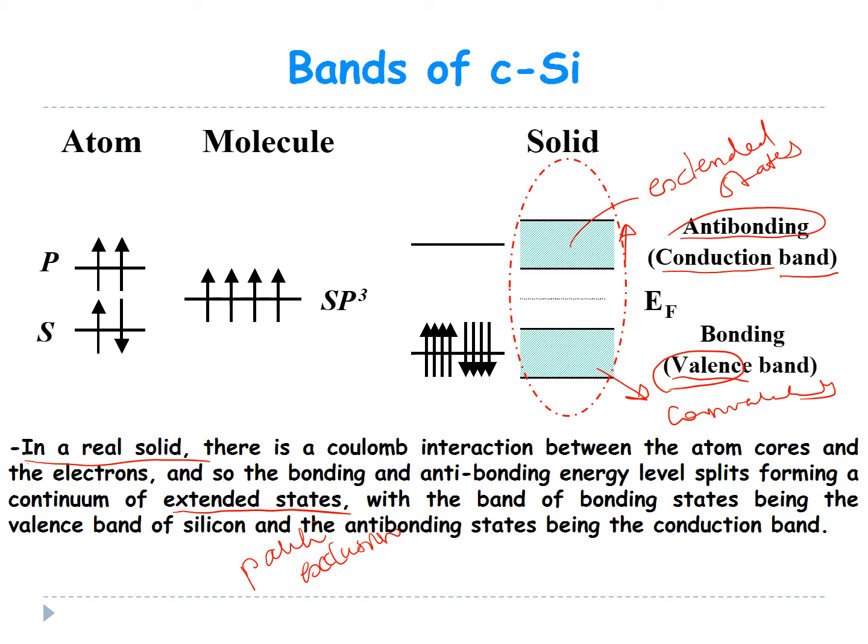But this one is the conduction band because once an electron finds its way into the conduction band, it is free to move. It's no longer bound by the attractive force of the atom's nuclei. It's free to move around and conduct electricity. So we'll look at that later and let's try to understand what that really means.